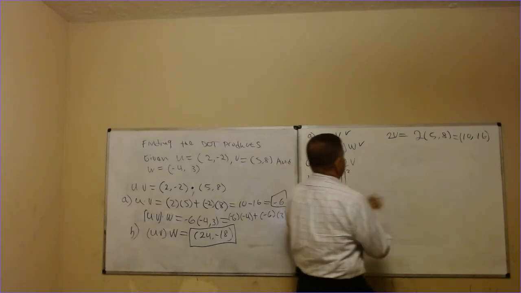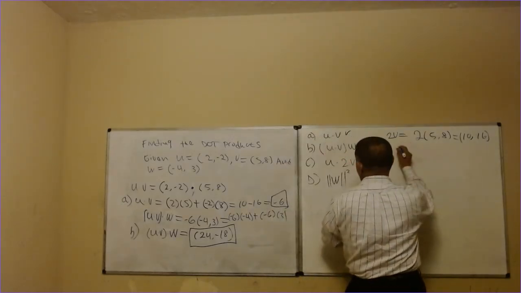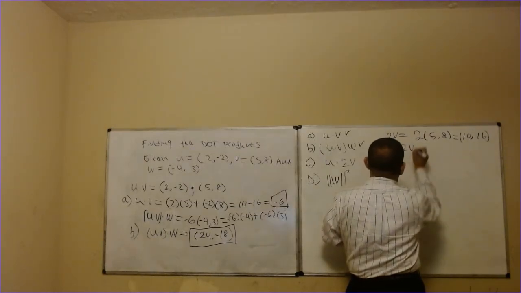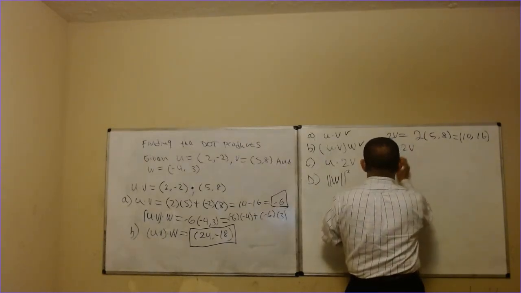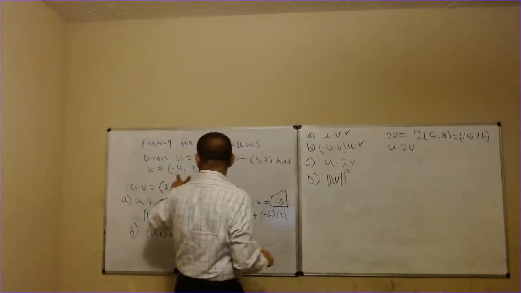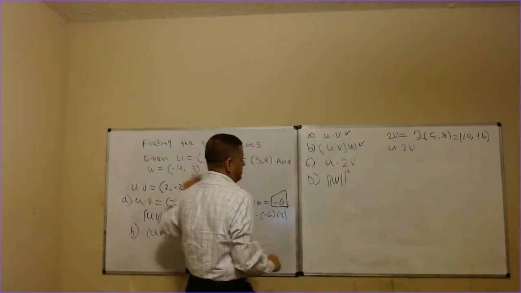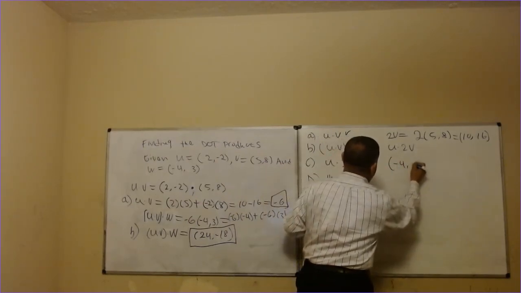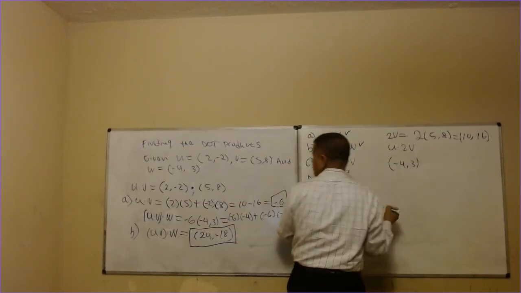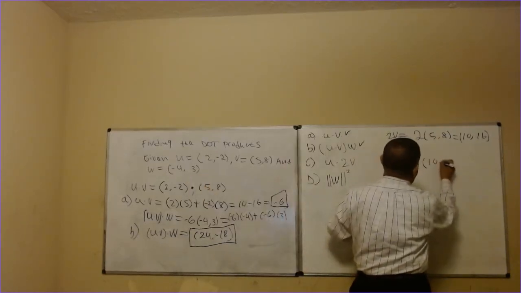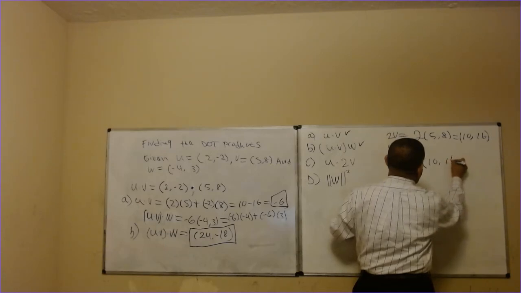So I say u dot 2v is equal to what? u is -4, comma, 3. So I get -4, comma, 3 times 10, comma, 16.